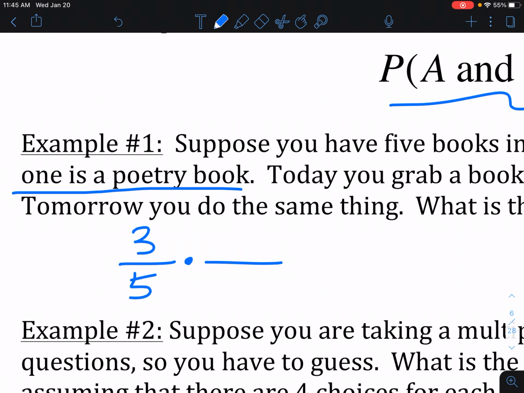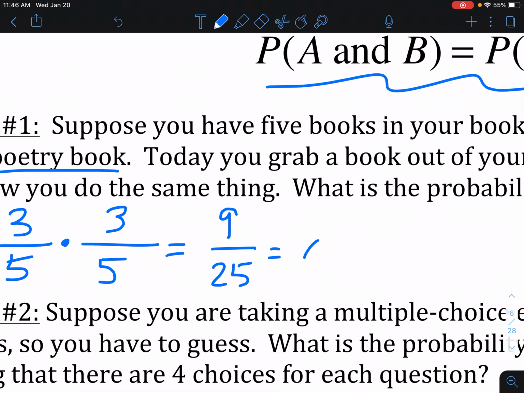Novel for the second day is also 3 out of 5. So we multiply them to see the probability of getting a novel 2 days in a row. That would be 9 over 25, and we can convert that to a decimal, then to a percent. So 36%.